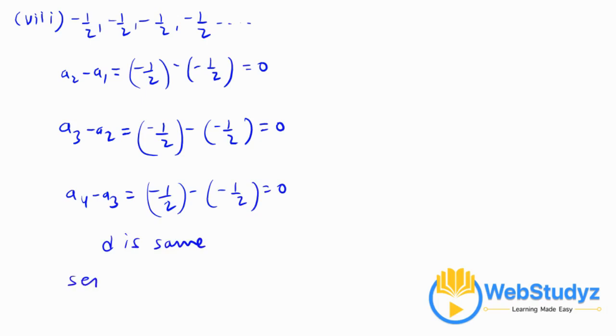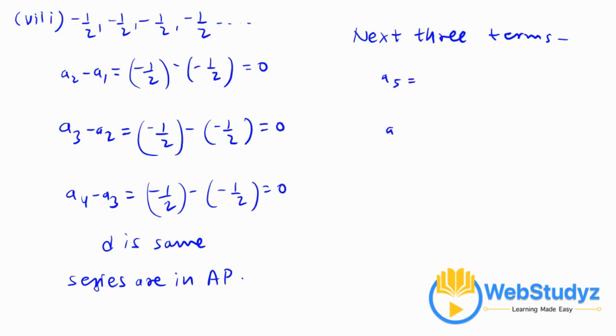That means the given series are in AP. So we have to calculate its next three terms, which will be A5, A6 and A7. So A5 will be minus half minus 0.